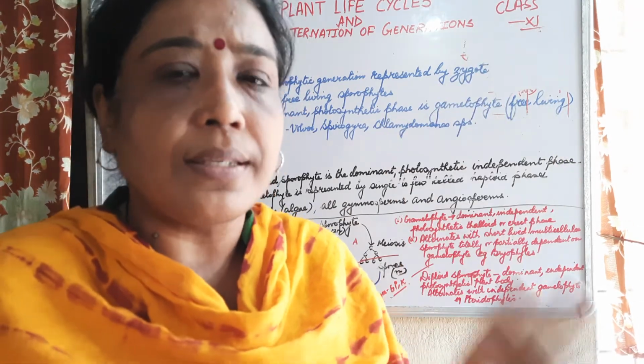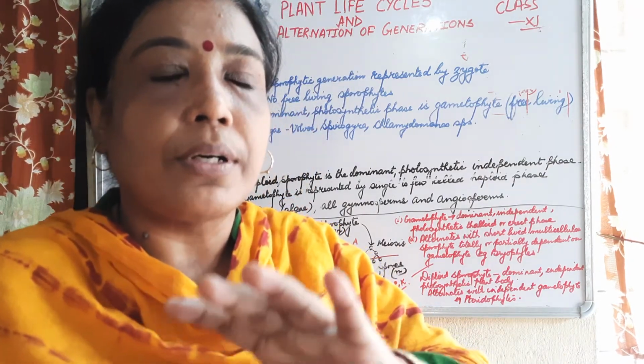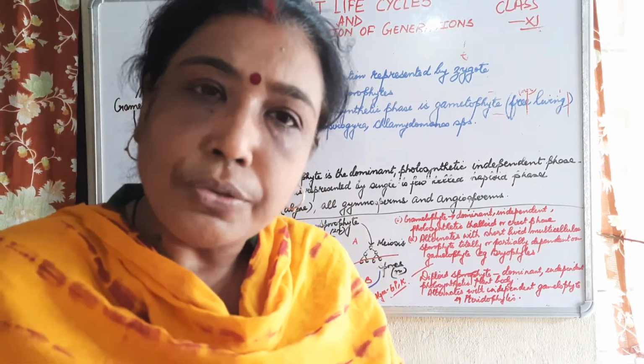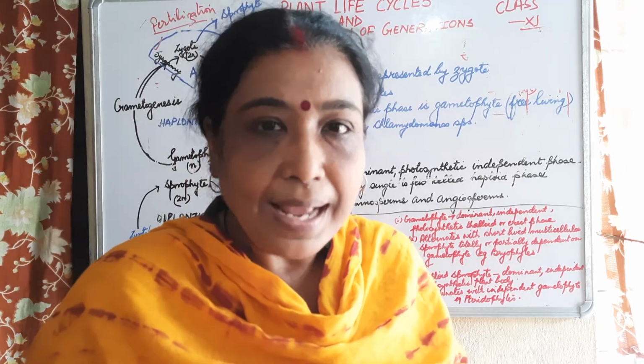These few things if you know, and the basic structure of the life cycle if you know, then if you remember the name, you will be able to write everything. And what you have to remember, the examples are very important. With this children, I'd like to wind up. Take care and stay safe.